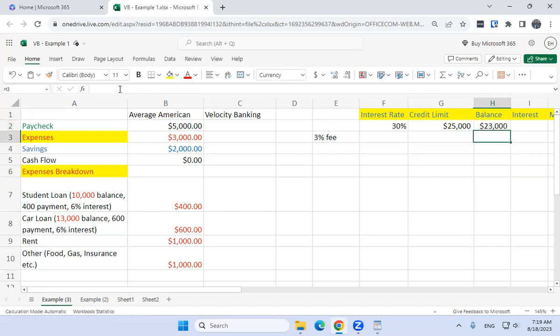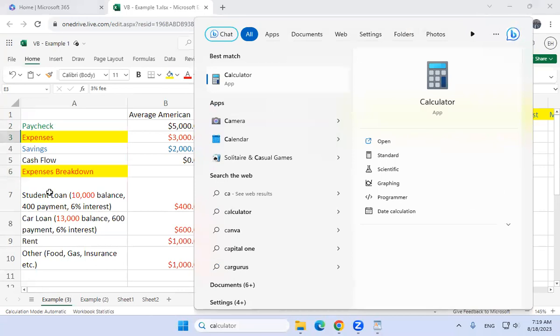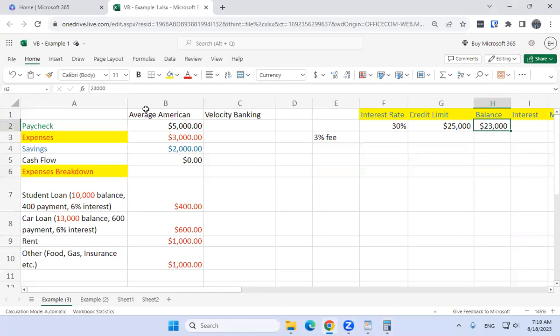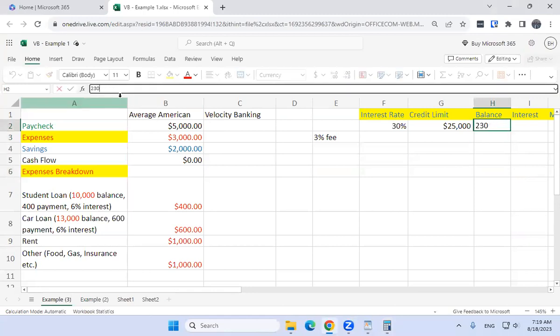All right, so now if we calculate the 3% fee, our balance is going to be a little bit higher. So we'll just say 23,000 times 0.03, and that'll be an extra $690 off the top of it.